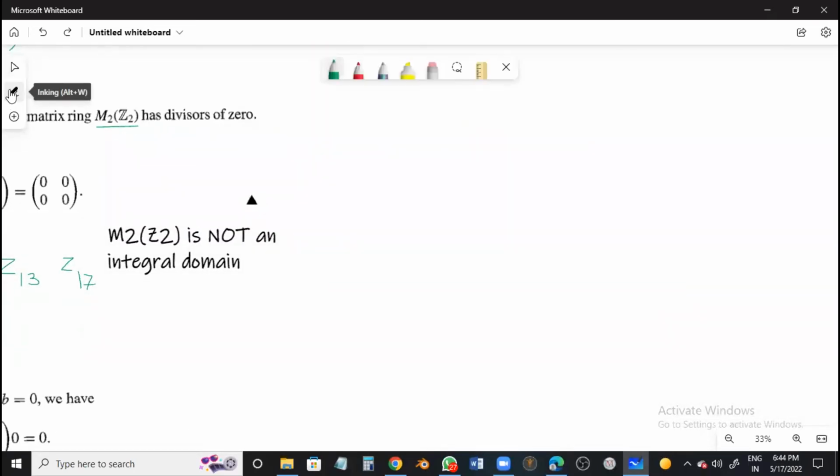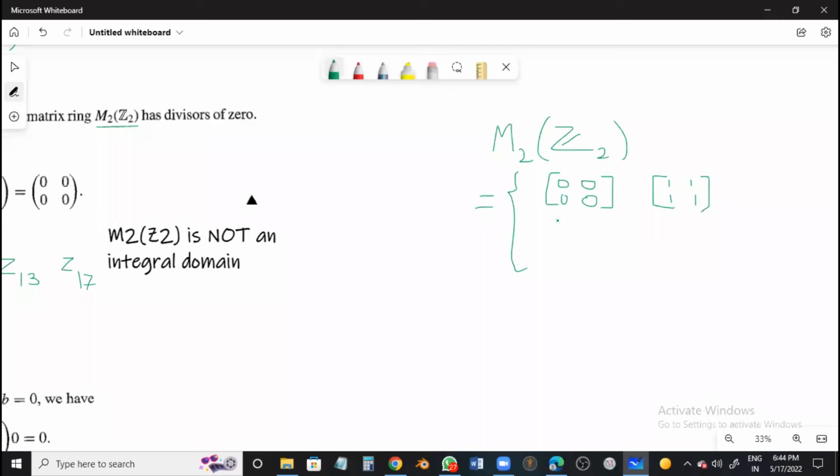So M2 of Z2 contained matrices with all zeros, all ones, three ones, 1 0. I hope you remember this. Do you?